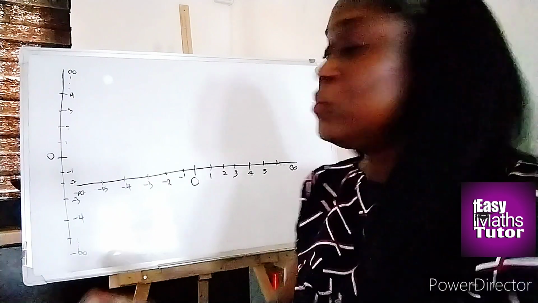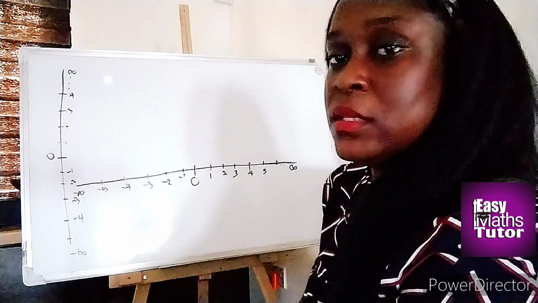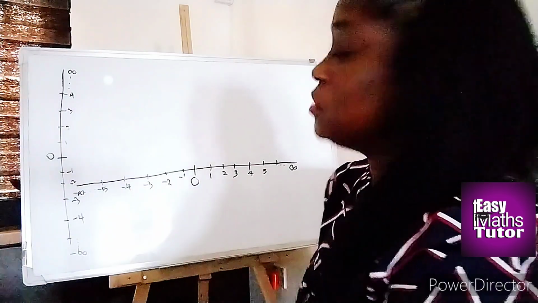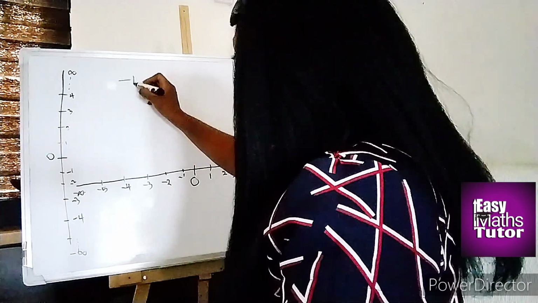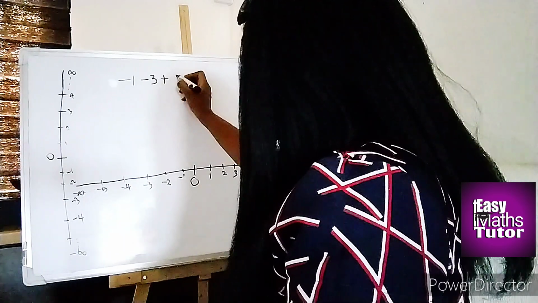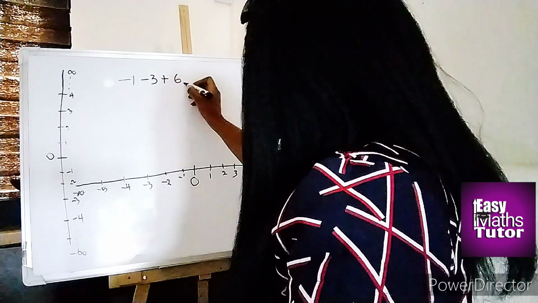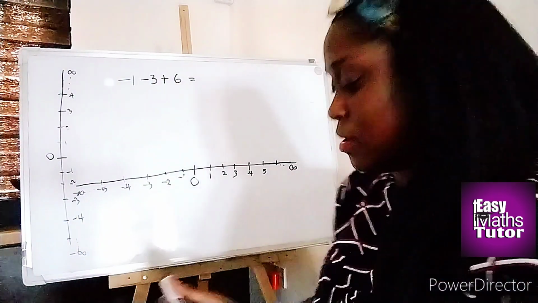So let's use the number line to solve a complex negative number addition. Assuming we have minus 1 minus 3 plus 6, what will it give us? Let's count together with our number line.